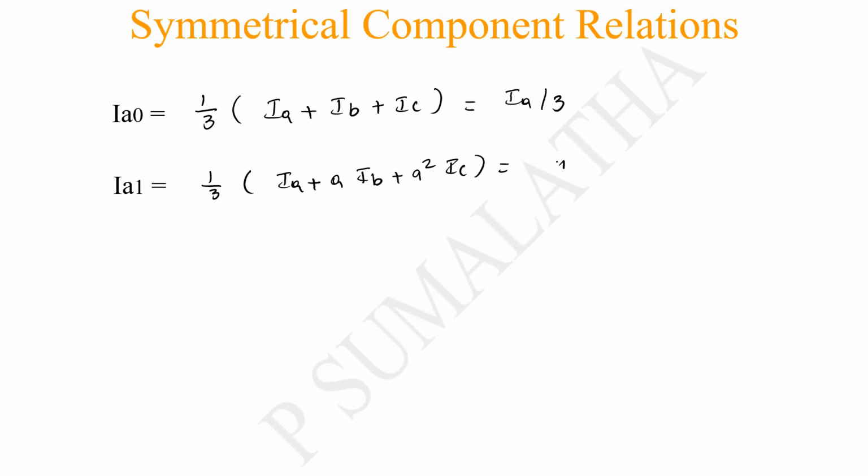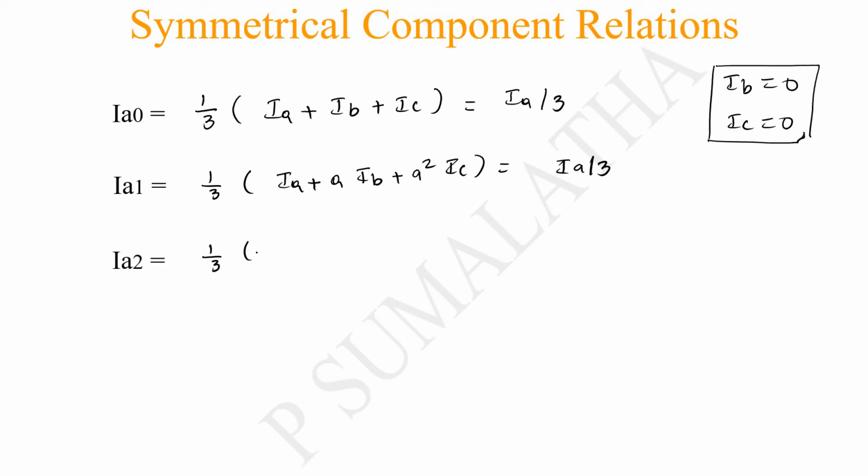So that is equal to IA by 3, again here IB and IC are 0. So these are the two terminal conditions that we have taken. So therefore this also will result into IA by 3, and IA2 is equal to 1 by 3 times of IA plus A square into IB plus A into IC, that is equal to IA by 3.